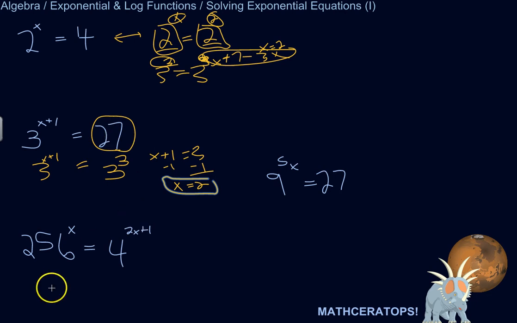All right, here we've got 256 to the power of x is equal to 4 to the power of 2x plus 1. Well, this looks hard, but it's not really. If I can rewrite 256 as a power of 4, I should be golden. If you don't have these things memorized, you can get out a calculator.